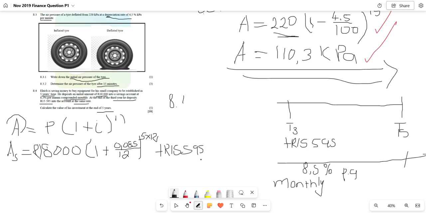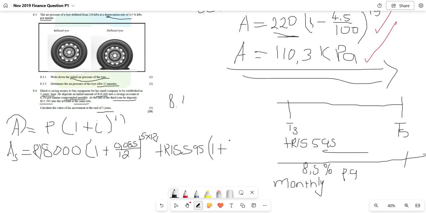Now, this amount, we can't just say plus. From where it is until where the investment ends, this amount is going to gain interest on its own. Now we need to calculate its interest. How do we calculate its interest? We indicate it with a bracket, because the interest rate is the same. 1 plus, remember it is still 8.5% compounded monthly.